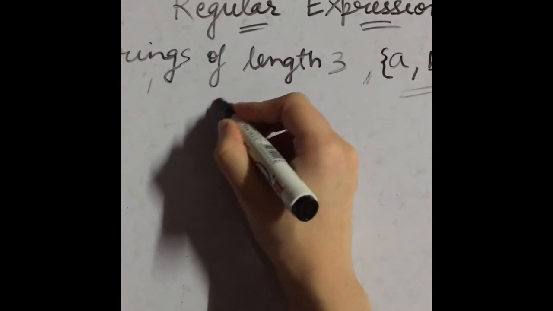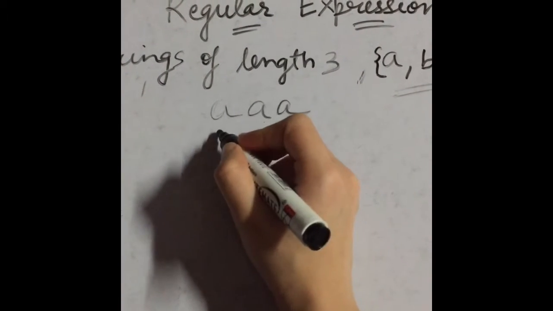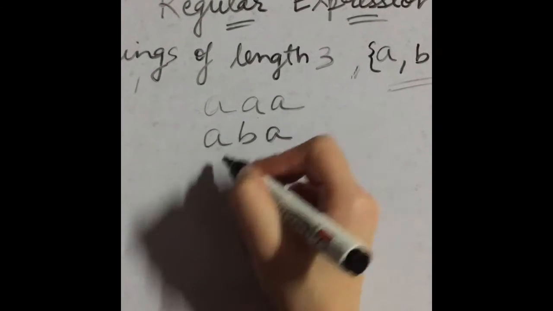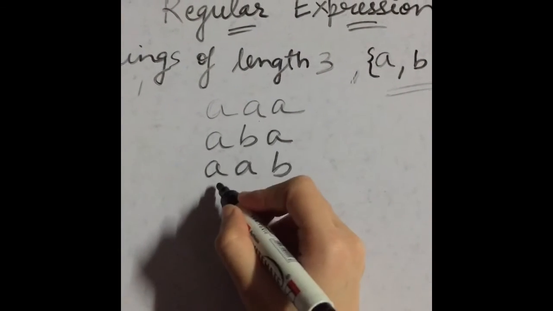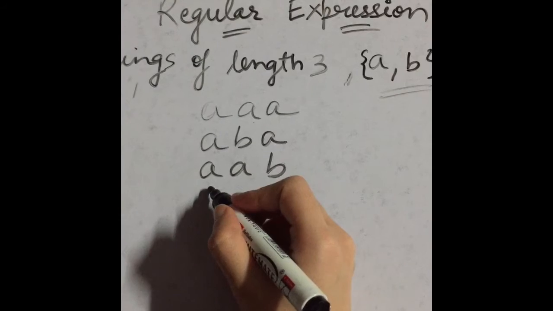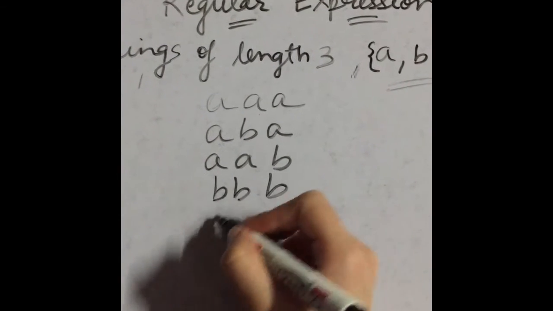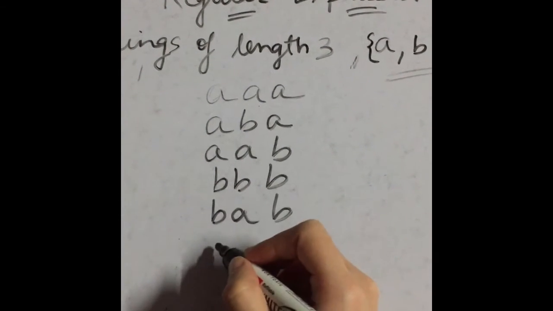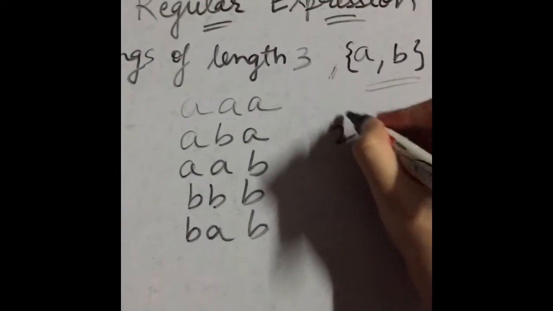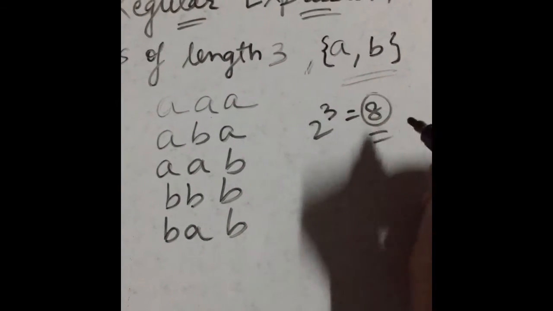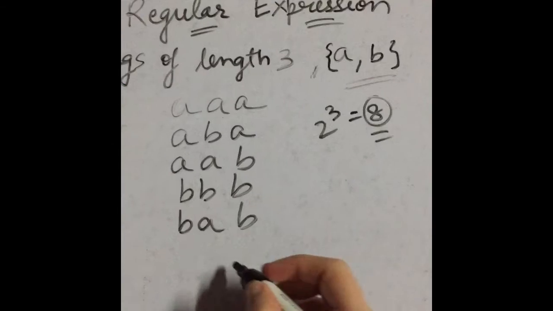Of course AAA is accepted, then ABA, AAB, BBB, BAB. You know that 2 to the power 3 means 8, so overall 8 strings are possible.